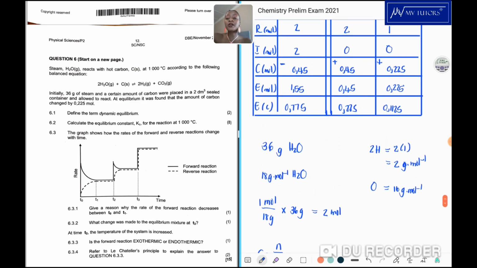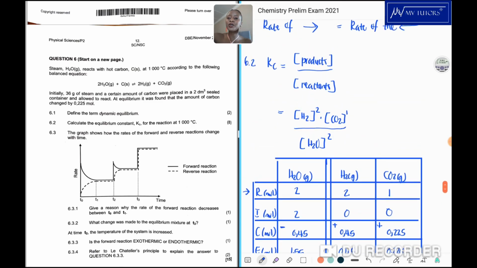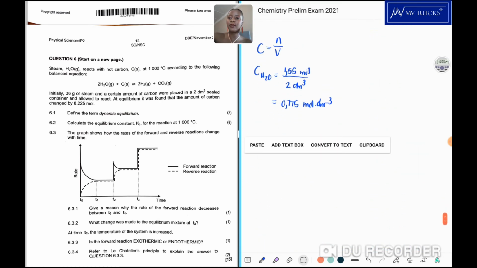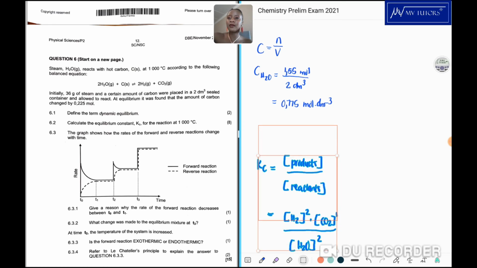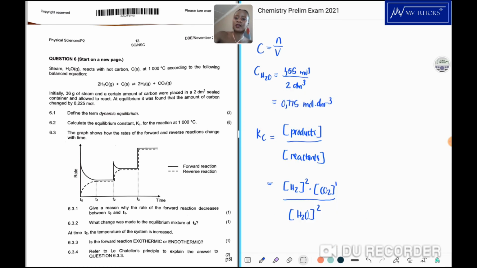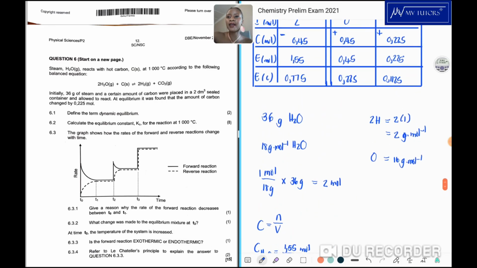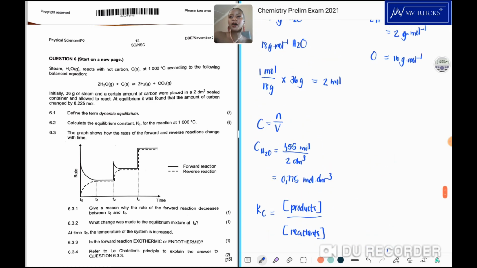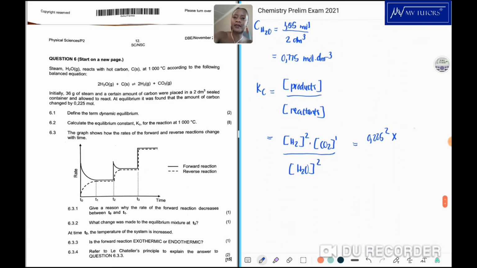We now have our concentrations and we can substitute them into this formula. I am going to copy and paste it below and then we'll fill it up. For hydrogen, we have 0.225 to the power 2. For carbon dioxide, we have 0.1125.